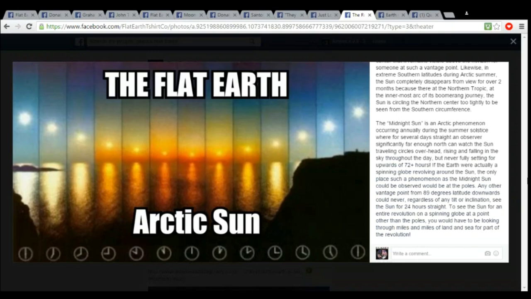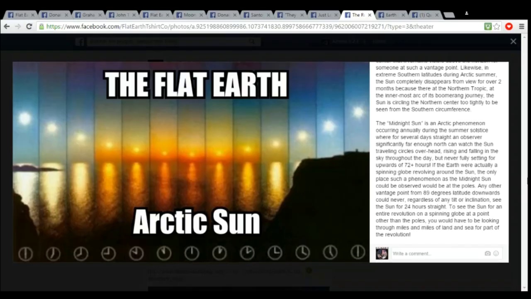Basically, this gives the midnight sun, the Arctic phenomenon occurring annually during the summer solstice, where for several days straight an observer far enough north can watch the sun travel in circles overhead, rising and falling in the sky throughout the day, but never fully setting for up to 72 hours.